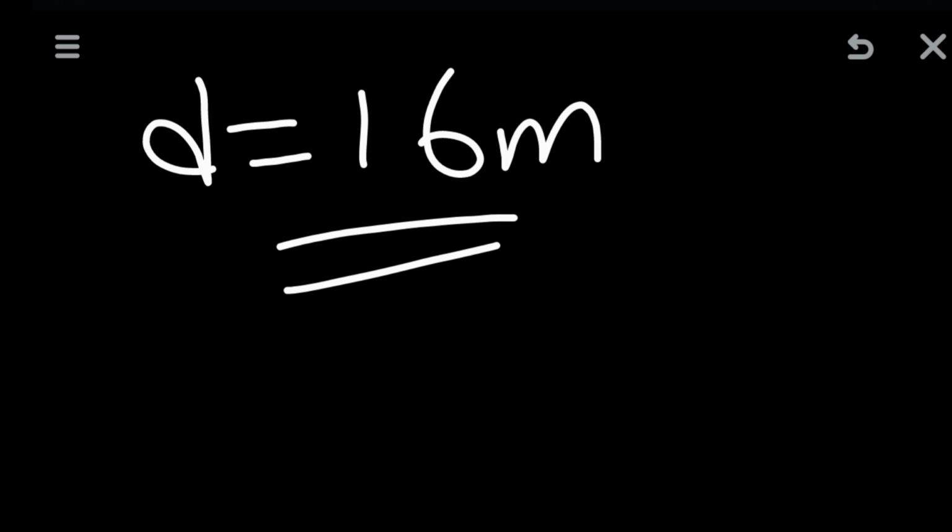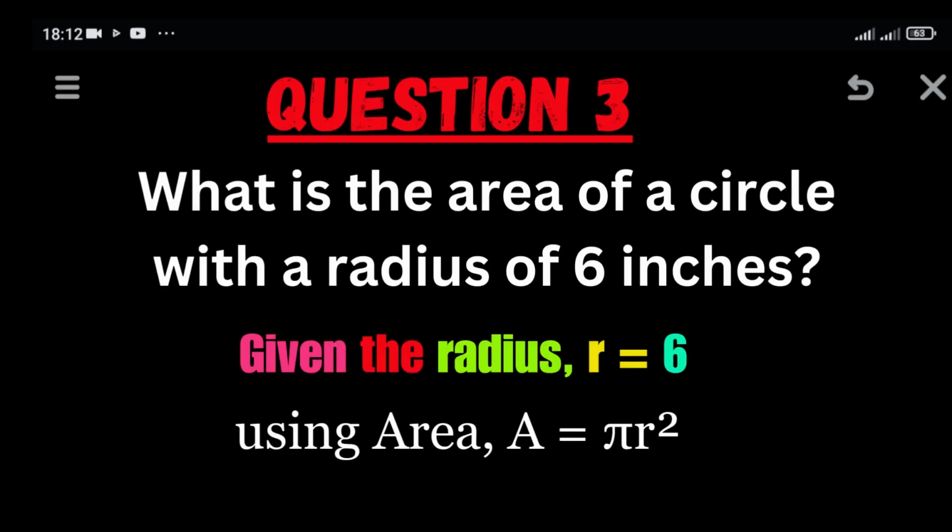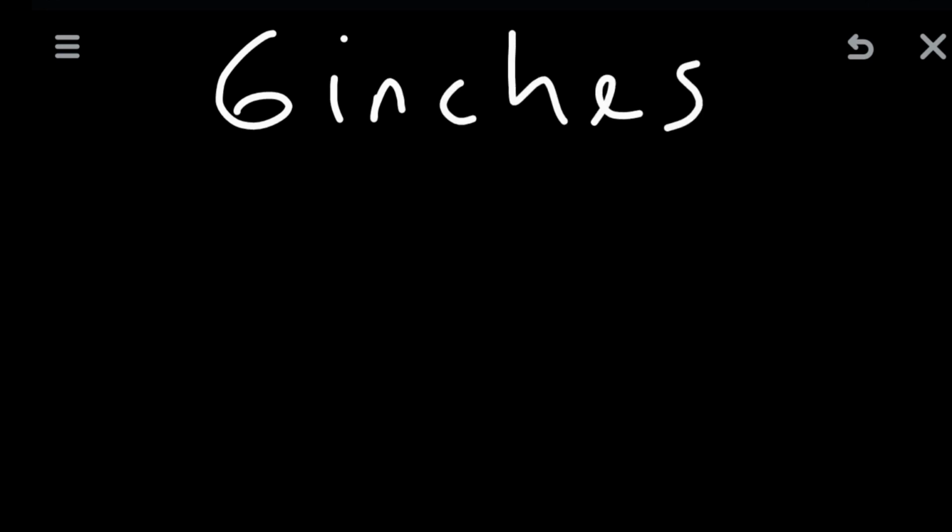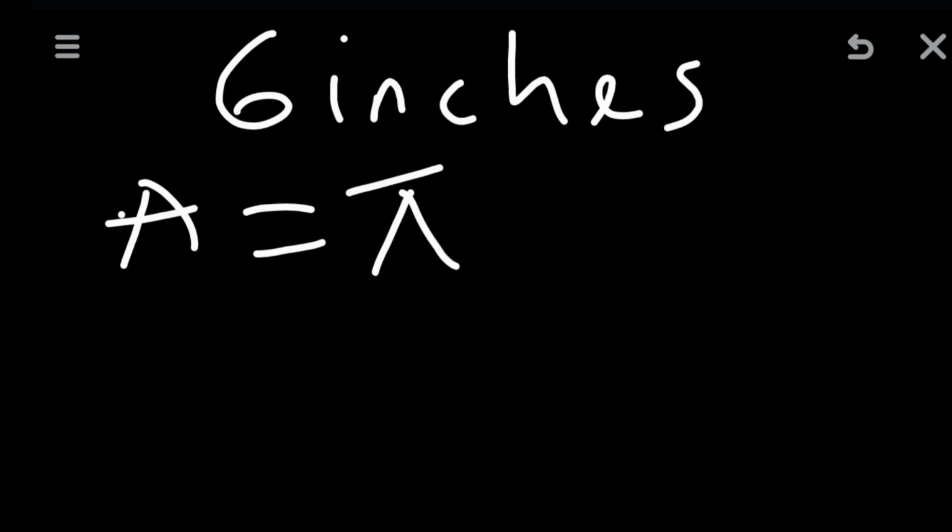From the third question, we are given the radius to be 6 inches, and we are asked to find the area of a circle. Area of a circle A is given by pi r squared.